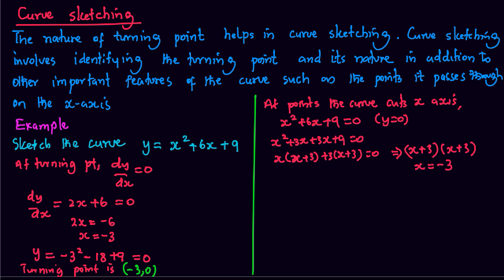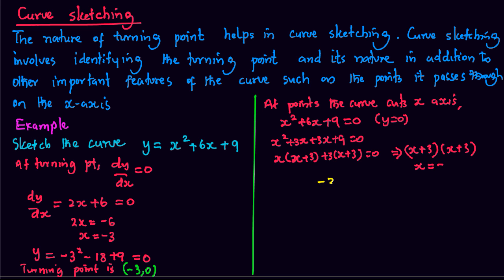We can also find out the behavior of the turning point by taking 2 points, one to the left and one to the right of the turning point. So we need 3 points.